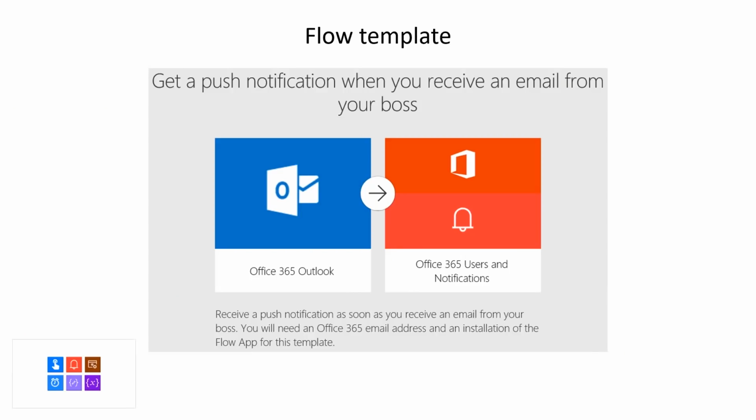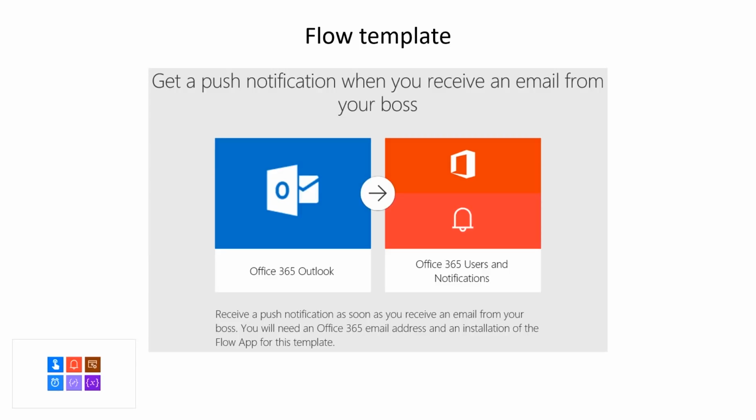You can also get a notification. In this case, this is a Flow template that's on the Flow website. I find this one really useful personally. You can get a push notification when you receive an email from your boss. Of course, it doesn't have to be your boss. It can be anybody that you don't want to miss an email from.